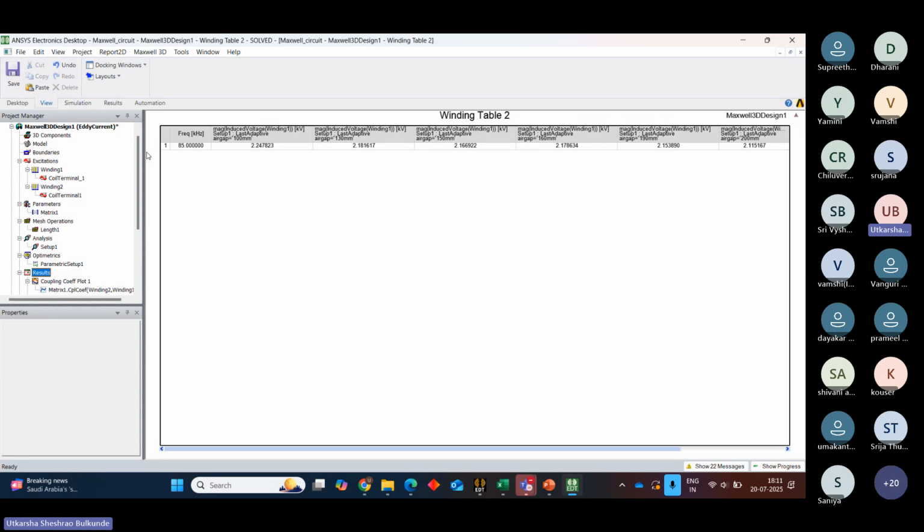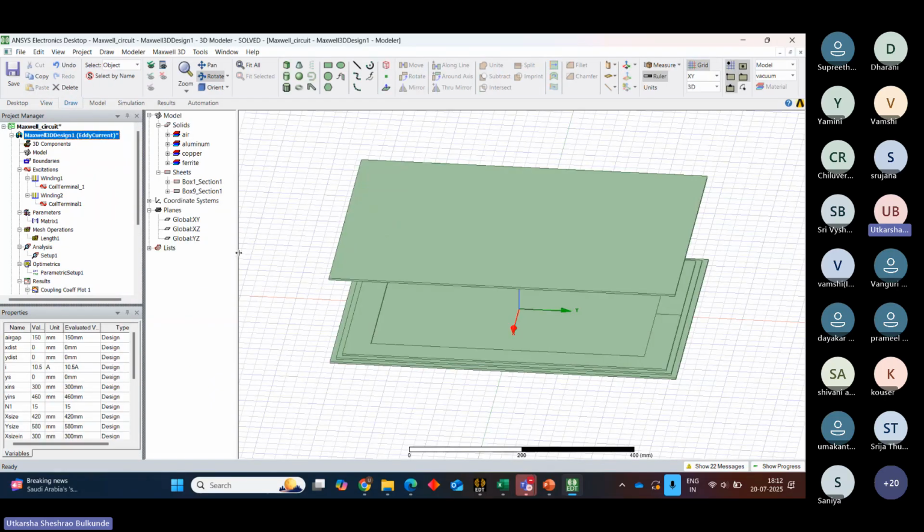Can we see from here? No. So for that, within this simulation only, there is an option known as Maxwell circuit, right? So how to use that? I will just let you know. It is also known as giving external excitation to your winding.